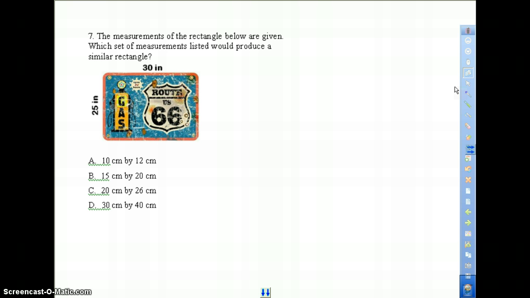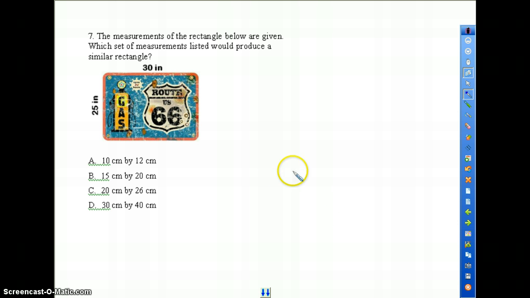Number 7 on the review says the measurements of the rectangle below are given. Which set of measurements listed would produce a similar rectangle? Well, similar figures have proportional side lengths.